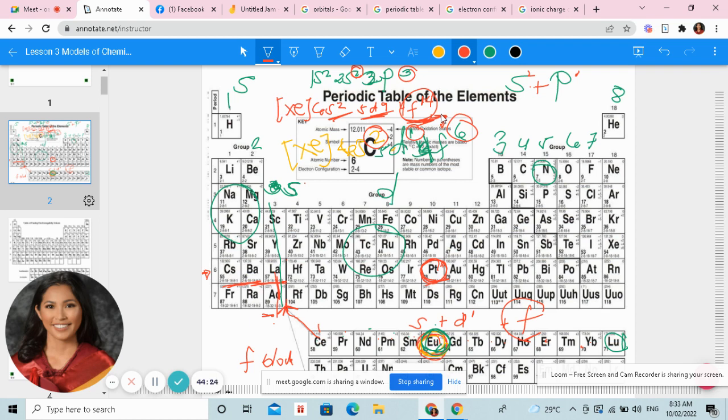Diba, ma'am, D and S ra, ma'am, sa differentiation? Diri, we are in F block. 9, ma'am. Okay. 9. Alright. Ang EU, ma'am, kay sa F siya block. Yes, here. F block.